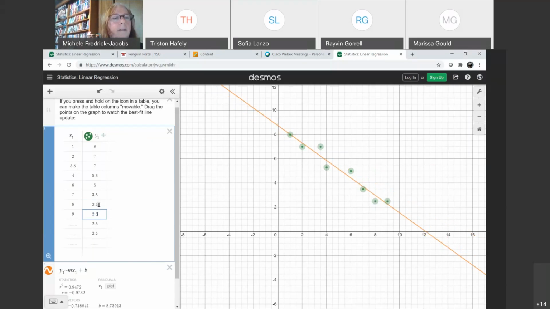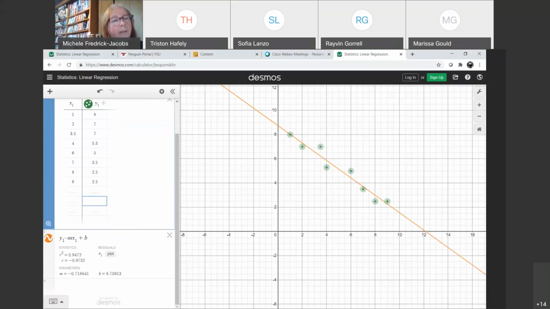So it should look like this. Is there any questions on that? Then if we go down here, it has our equation, and I just rounded. Actually, I think I took this problem off the internet, but negative 0.75, so it's a little bit different.